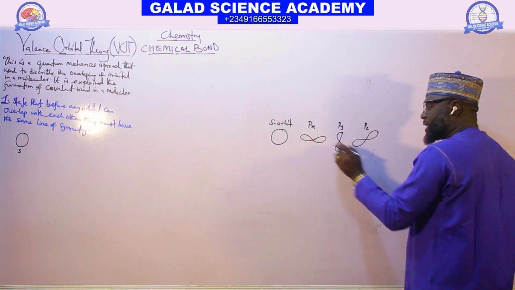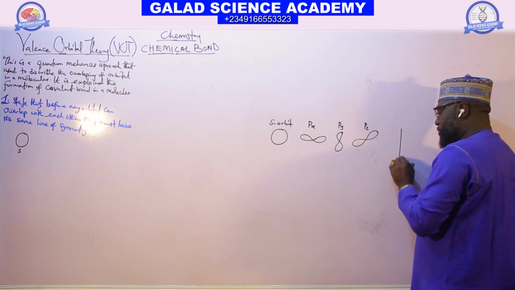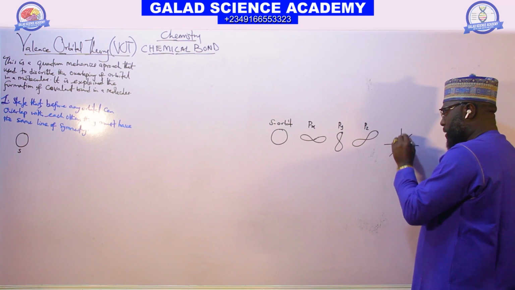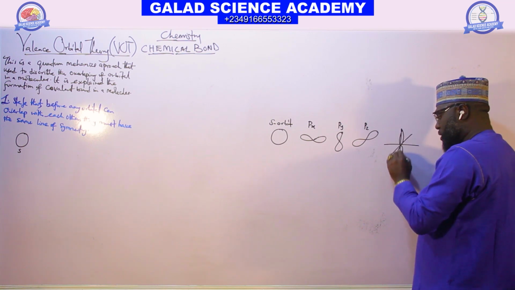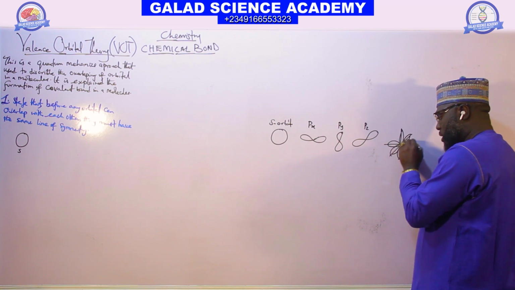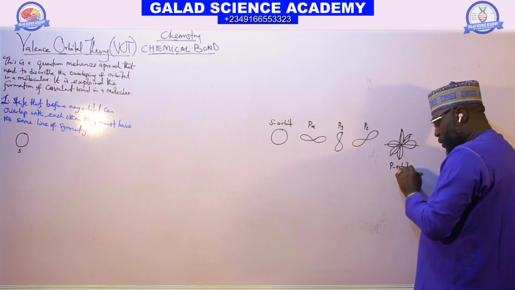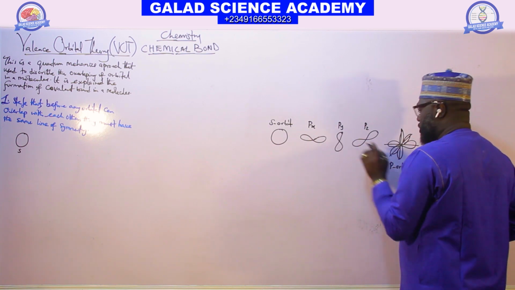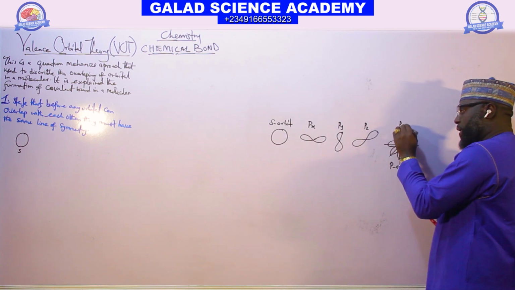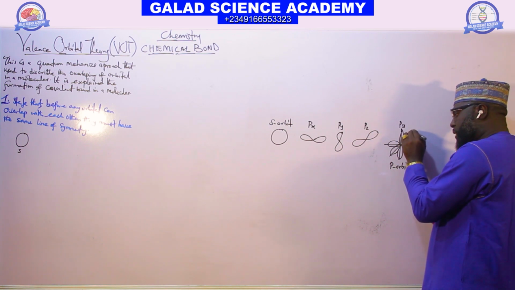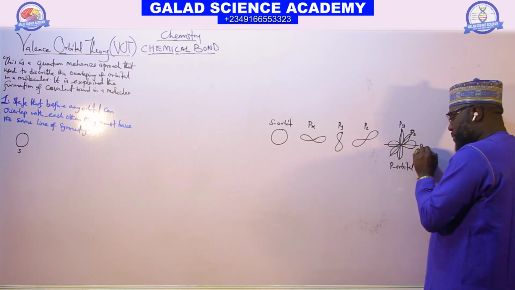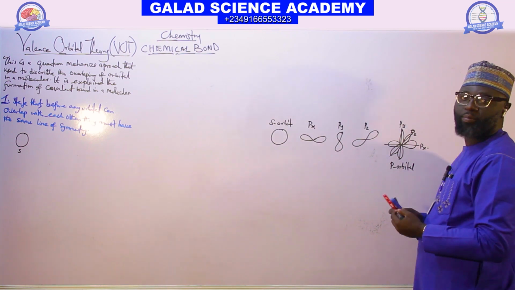So if you combine these three together, we have this, which is the p orbital. This p orbital contains py, pz, and px, abi?